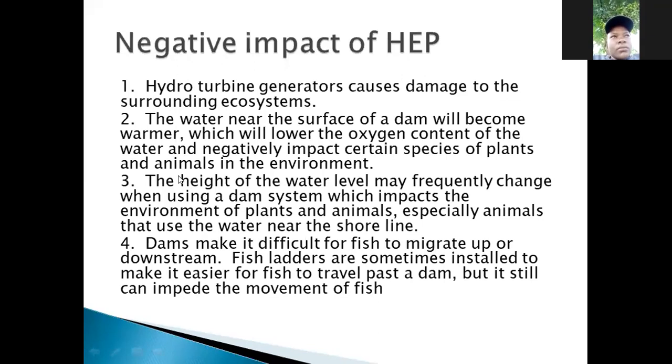And then number 3, the height of the water level may change frequently. Therefore, those plants, especially at the shoreline, may not get enough water. And also the dams may make it difficult for fish to migrate upstream or downstream, and so this can impede the movement of the fish.